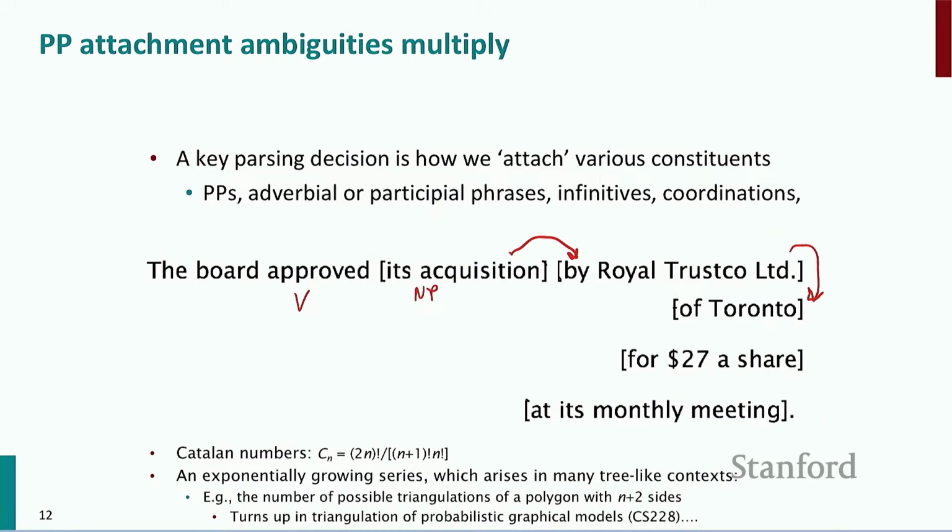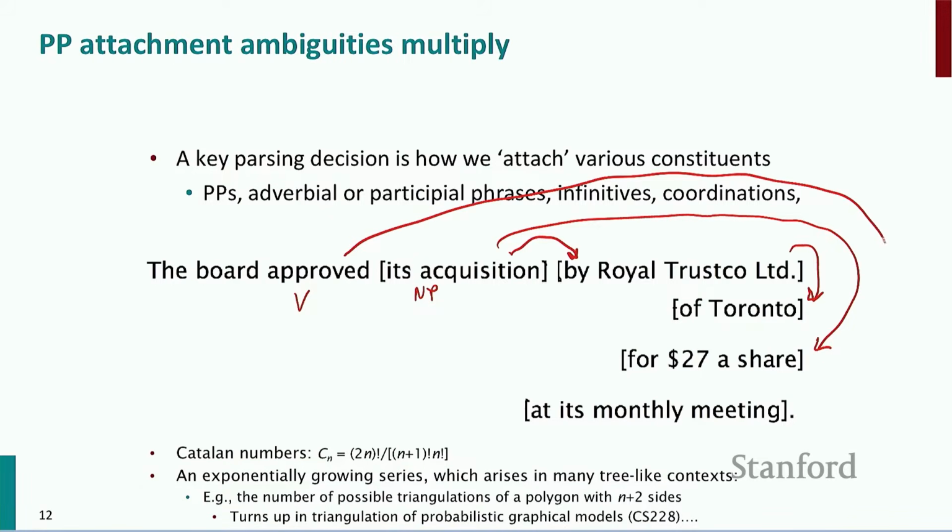So later on, prepositional phrases can also modify earlier prepositional phrases, or at least the noun phrase inside them, Royal Trust Co. Limited. Okay, for $27 a share is back to modifying the acquisition. Okay, at its monthly meeting it's the approval, so it's gone way back up to there, right?